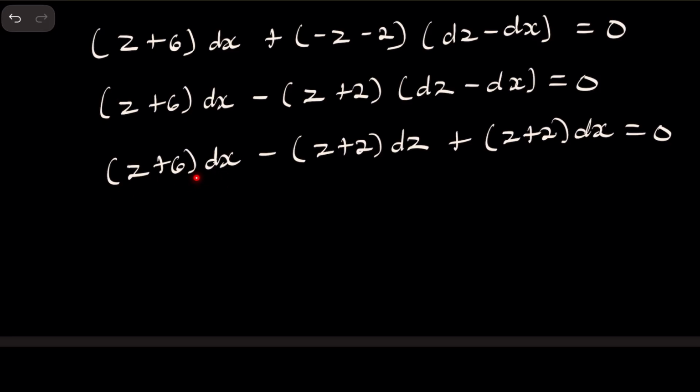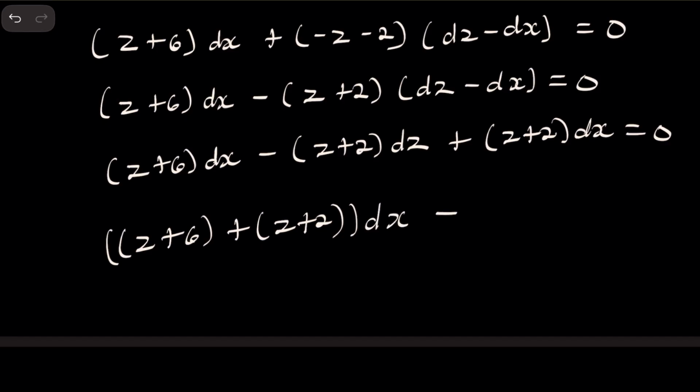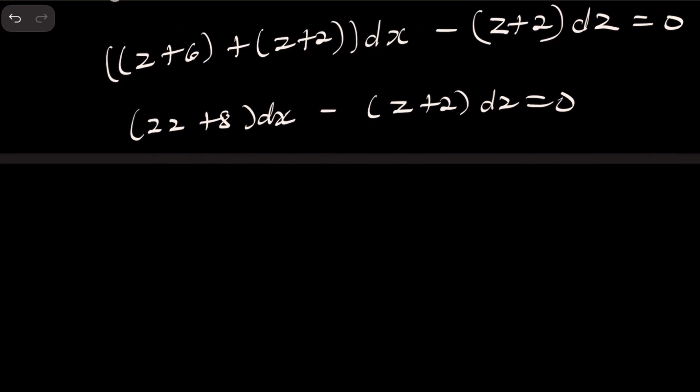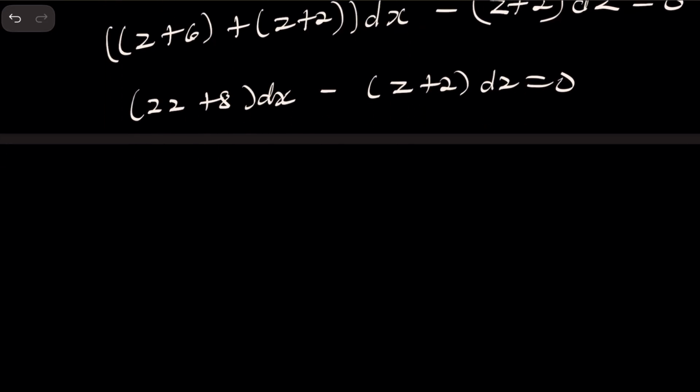So we now group terms with dx and terms with dz. Thus we have [(z + 6) + (z + 2)] dx - (z + 2) dz. Simplifying this term, we are going to have (2z + 8) dx - (z + 2) dz = 0. And so we can factor 2 from the first term, so that will be 2(z + 4) dx.